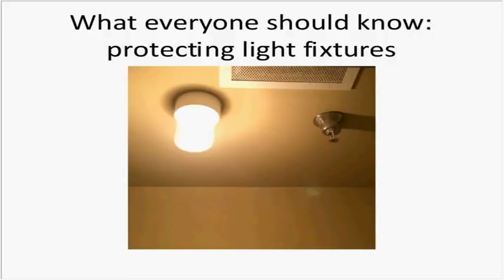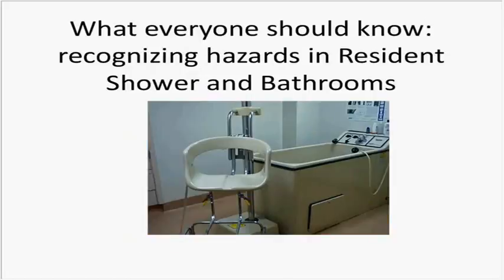Perhaps the globe was removed to change the bulb and the person who changed it simply forgot to put the globe back on. Now imagine what would happen if the housekeeper struck the bulb with the mop handle and looked up at the same time. It would not be a pretty sight. So if you see a globe left off a fixture, notify maintenance immediately.